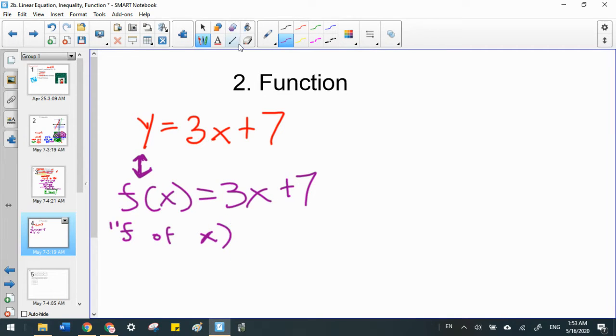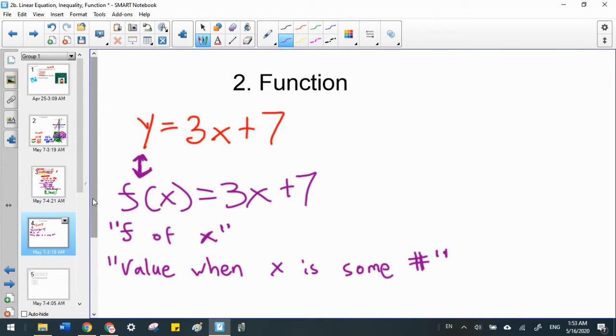And in layman's terms, if we translate it into English, it is telling you the value when x is some number. I'll show you what that means graphically, and then I'll show you what that means in terms of an example.